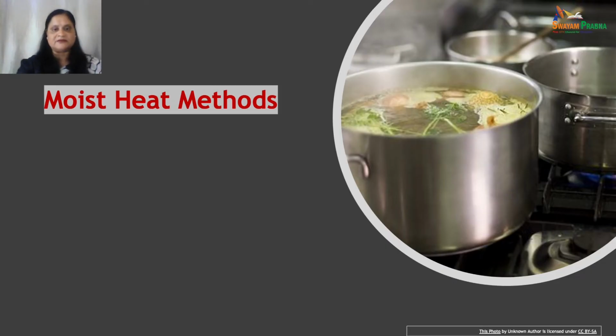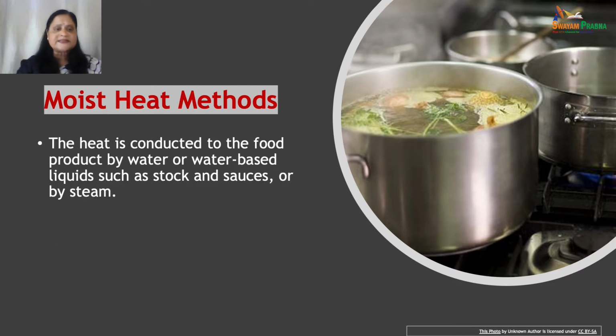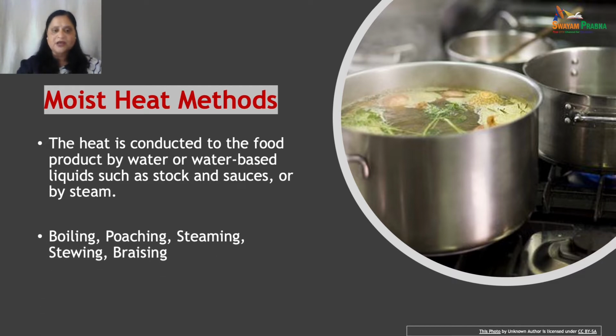Moist heat methods are those in which heat is conducted to the food product by water or water-based liquids such as stock, sauces or by steam. Boiling, poaching, steaming, stewing, braising are some of the moist heat methods of cooking.